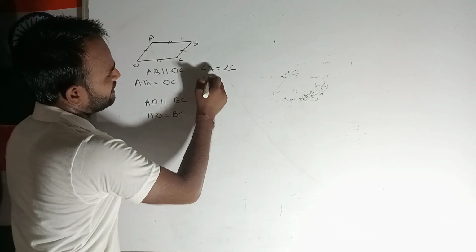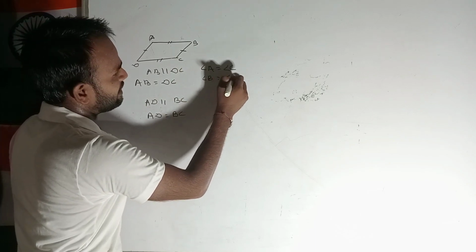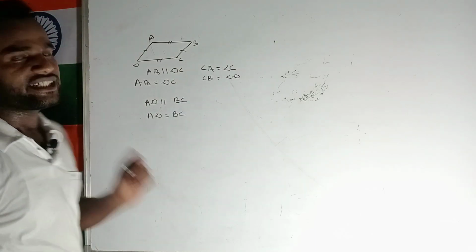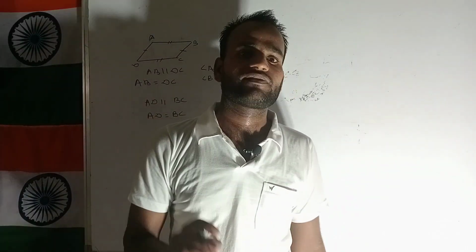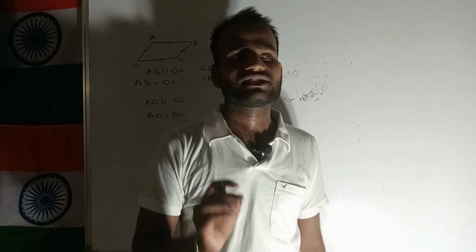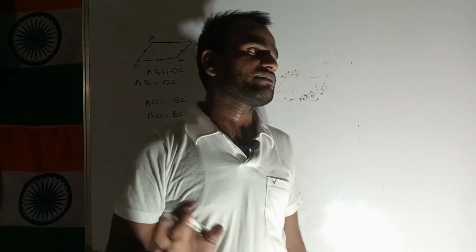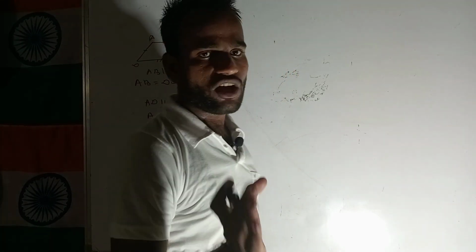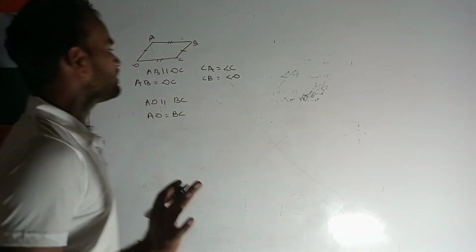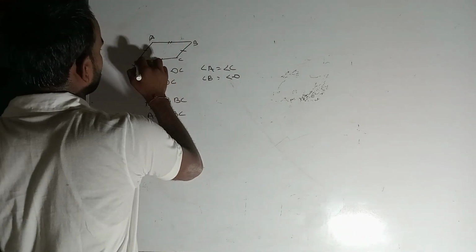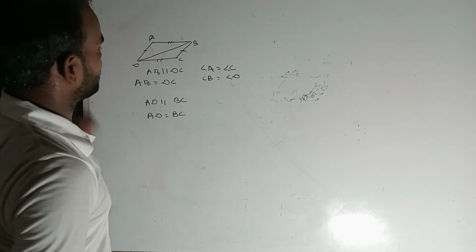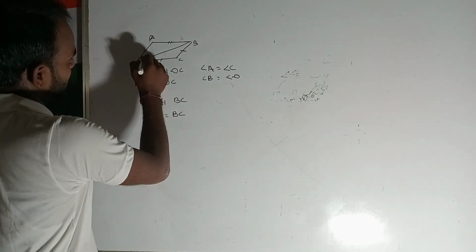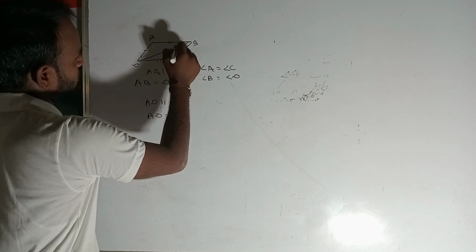Okay. Then angle B will be equal to angle D, and the interior angles on the same side of the transversal are always supplementary, means 180 degrees. Let me draw it. Let's draw a transversal between these two lines, means angle 1 and angle 2.